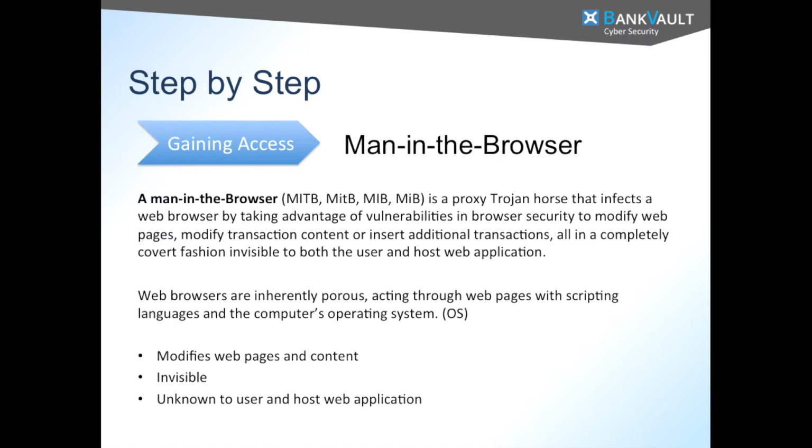That makes it look like a legitimate web page and that your bank is asking you to do that. And of course, as soon as you click submit, there's another piece of code in that Trojan that takes that information and sends it to the hacker's command and control server, where they are now able, in many cases, to log into your bank account.